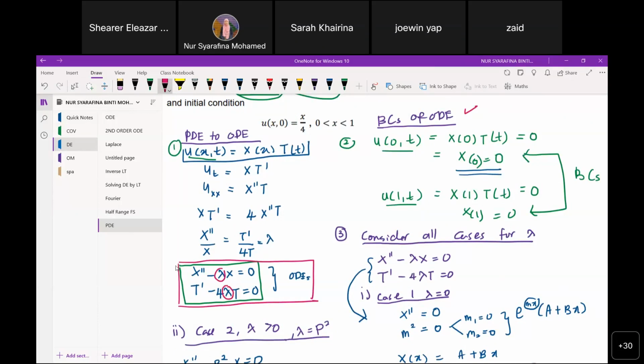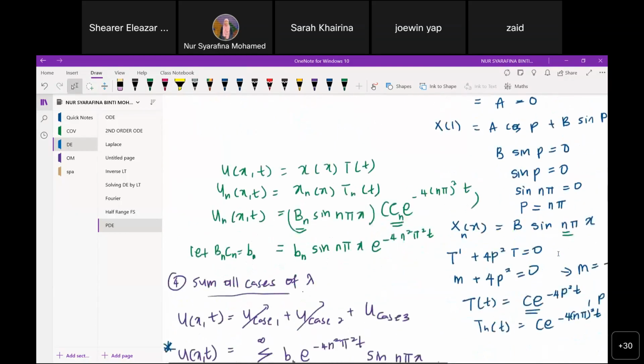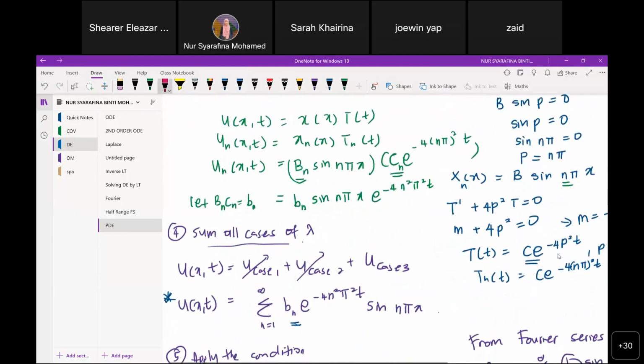To identify the solution, we consider all cases: lambda equals 0, greater than 0, and less than 0. Once you obtain the solution for each case, we sum up all cases: u(x,t) is case 1 plus case 2 plus case 3. If there is no interest in certain cases, you just ignore them and focus on the cases which give you the solution.